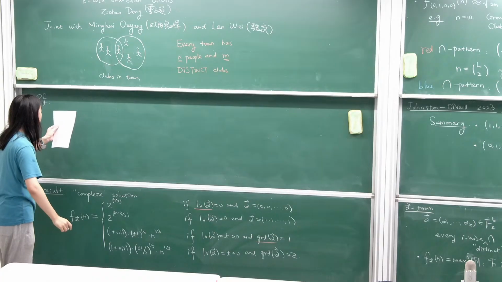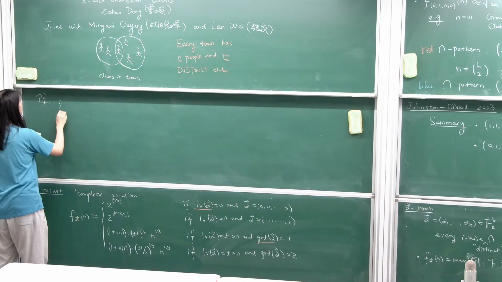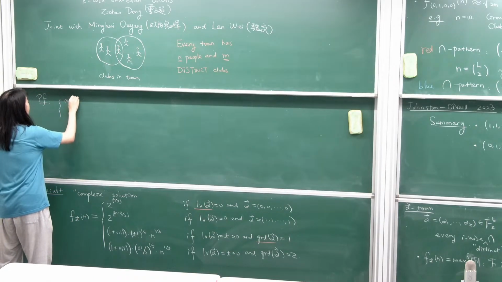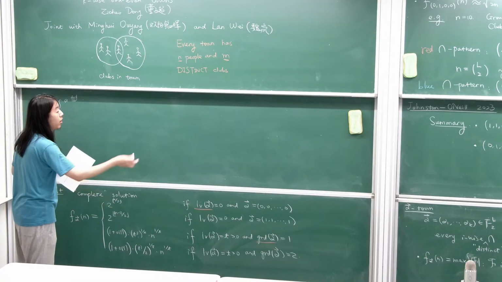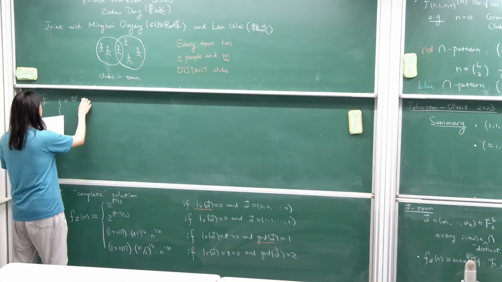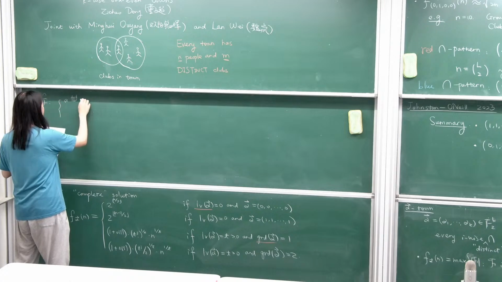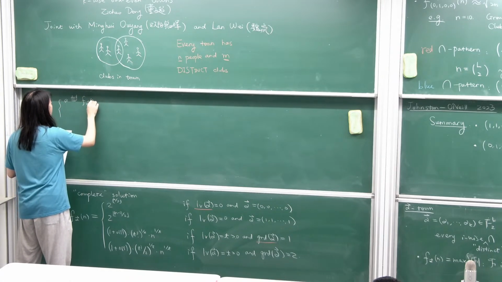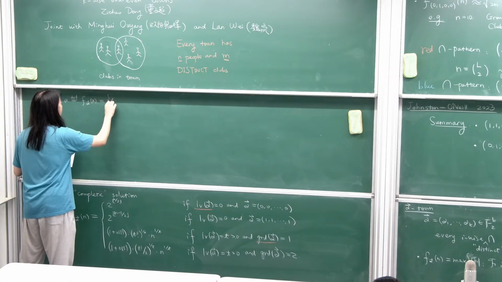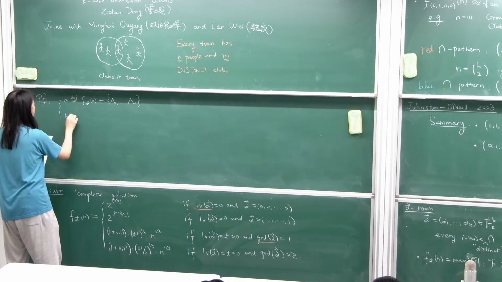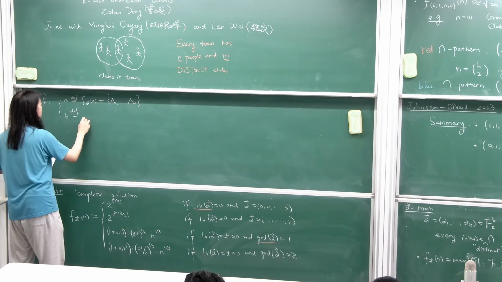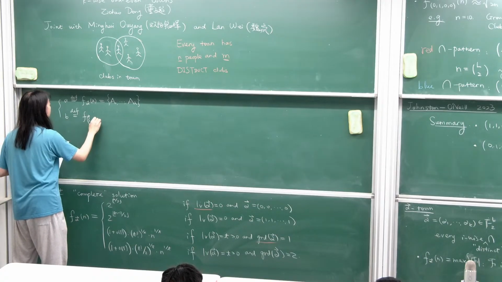And the proof is also quite simple. I just construct an alpha town achieving this f of alpha x. And I also somehow achieve this f beta of y.